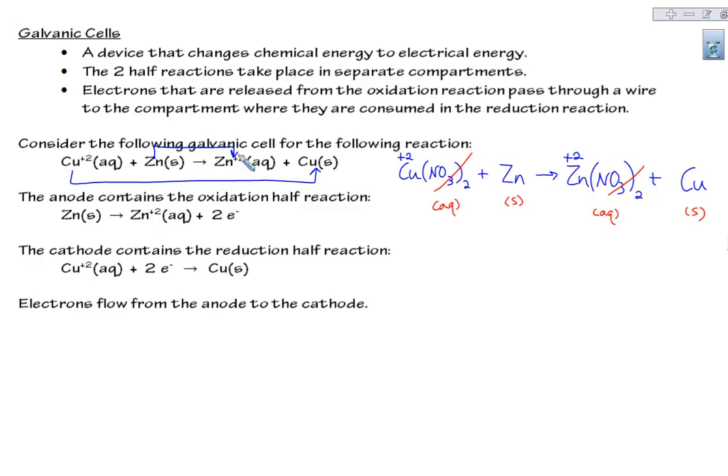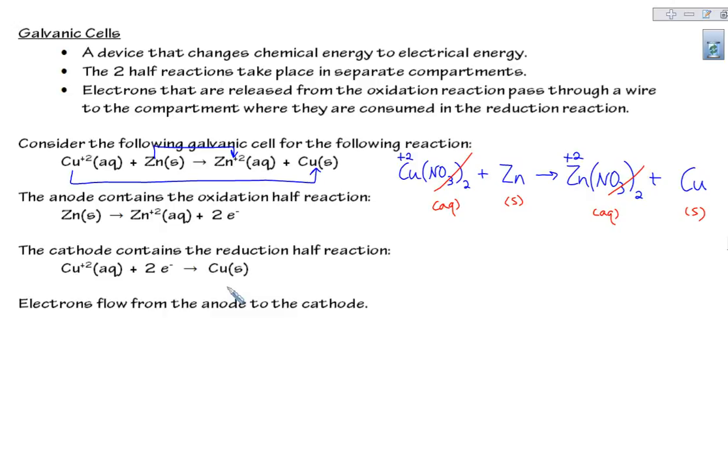For example, one of the halves was the solid zinc, forming zinc plus 2 ions. There's one particle of zinc on both sides, but to balance the electron transfer, we need 2 electrons. Kind of the opposite with the copper half. I have copper plus 2 ions that'll need to gain the 2 electrons to form the solid copper.